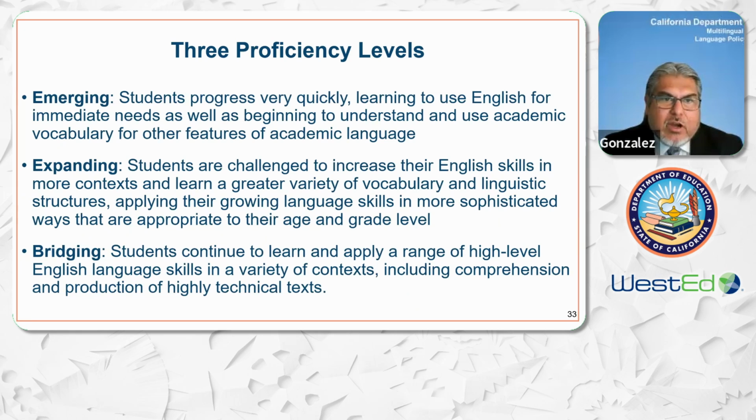The three proficiency levels are emerging, expanding, and bridging. At the emerging level, students progress very quickly, learning to use English for immediate needs as well as beginning to understand and use academic vocabulary and other features of academic language. At the expanding level, students are challenged to increase their English skills in more contexts and learn a greater variety of vocabulary and linguistic structures, applying their growing language skills in more sophisticated ways that are appropriate to their age and grade level.